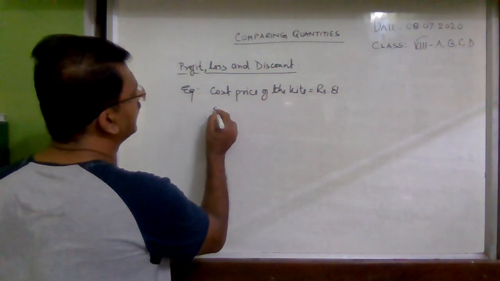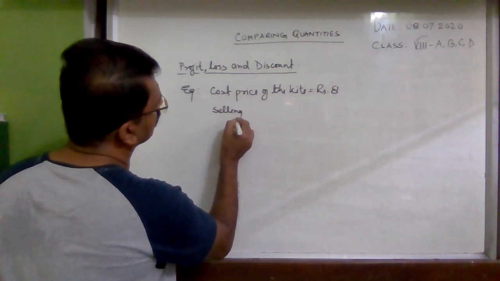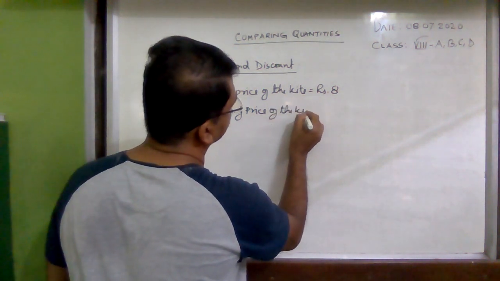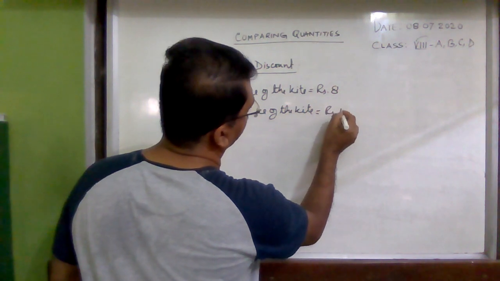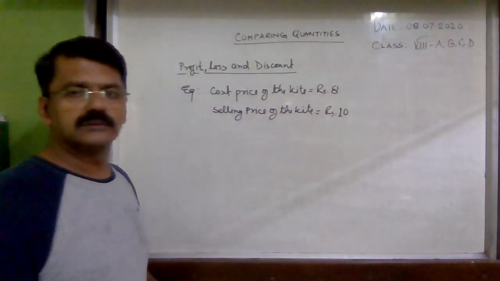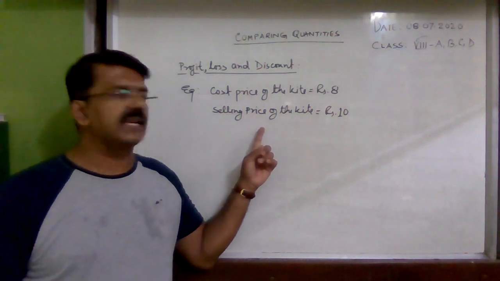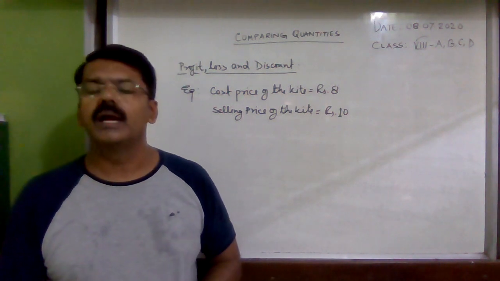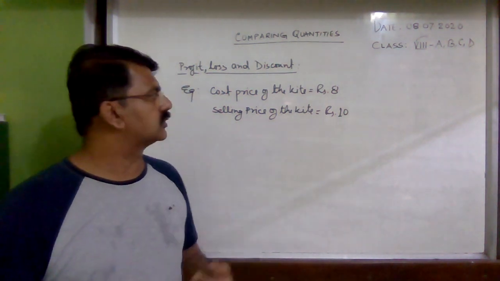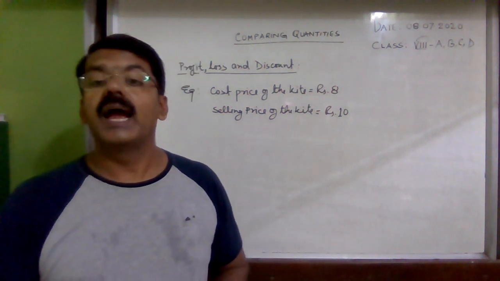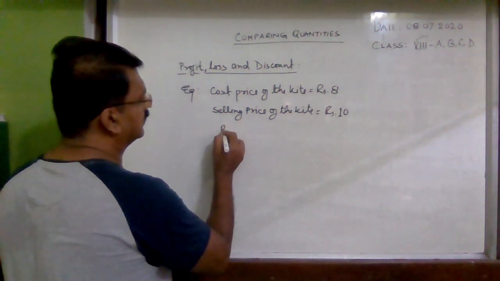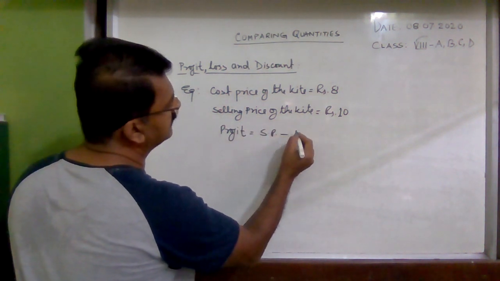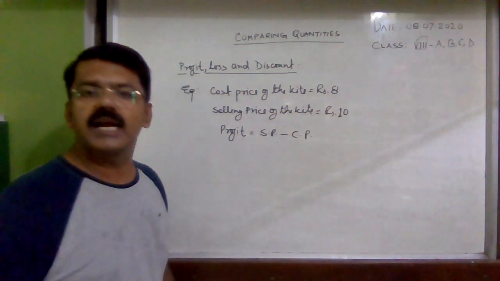Clear? So selling price of the kite is equal to rupees 10. Now always remember, when the selling price is more than the cost price, which is the case over here, then there will be profit, and the formula for profit will be SP, that is the selling price, minus CP, that is the cost price.